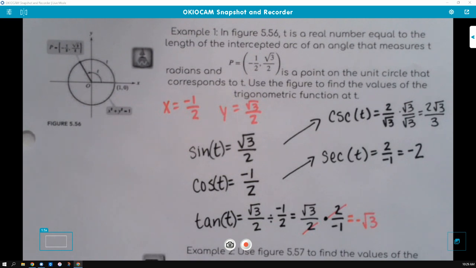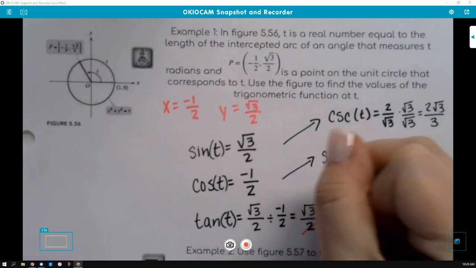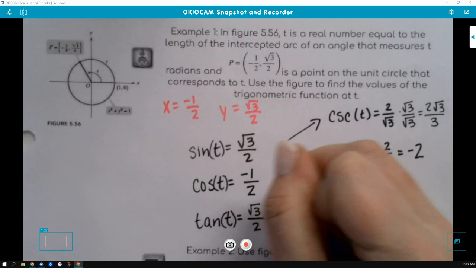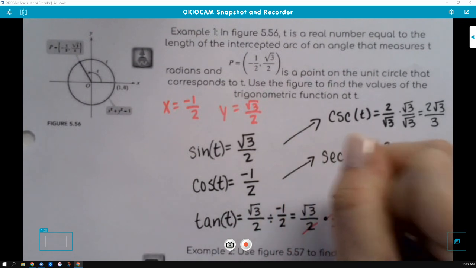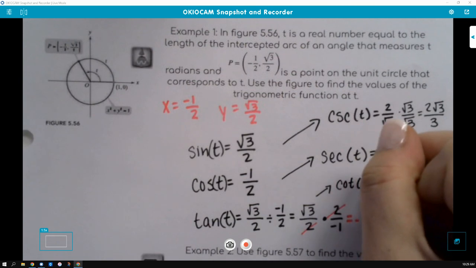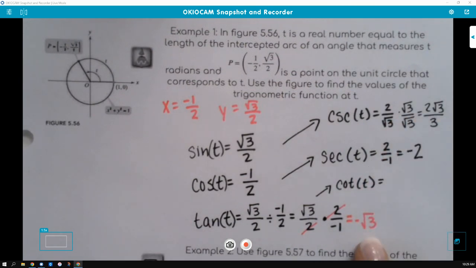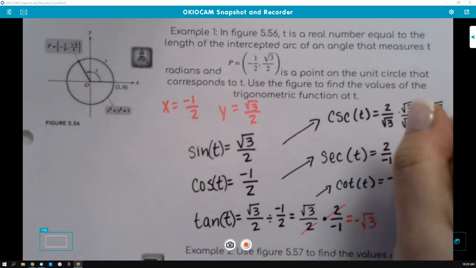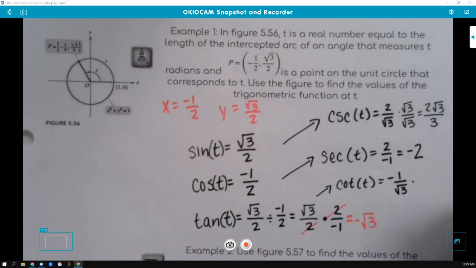And then the last one, tangent, is the reciprocal of cotangent. I'm trying to figure out the easiest way to do this. So cotangent of t, I'll do 1 over negative rad 3. I'm going to put the negative on top, actually, and then I'll rationalize that. Square root of 3 over square root of 3.